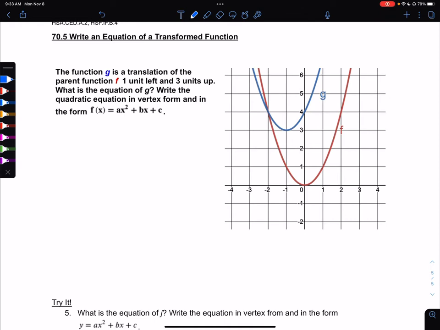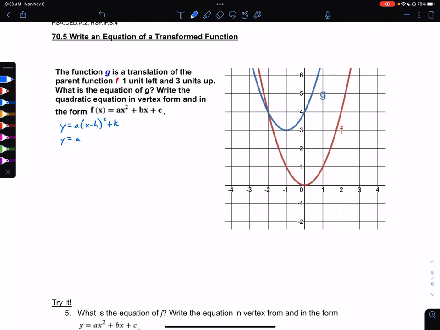We have our vertex form of y equals a times (x minus h) squared plus k, and they're telling us what the translations are. Our a value doesn't say anything about a stretch or compression, so we're going to leave that as a.